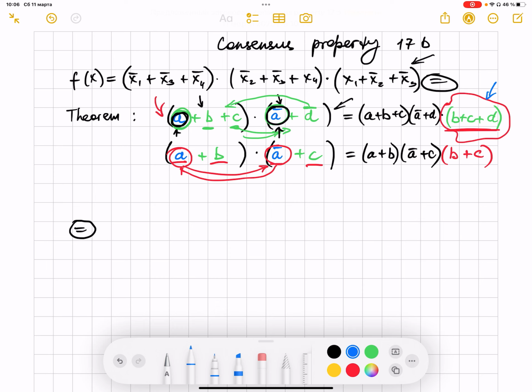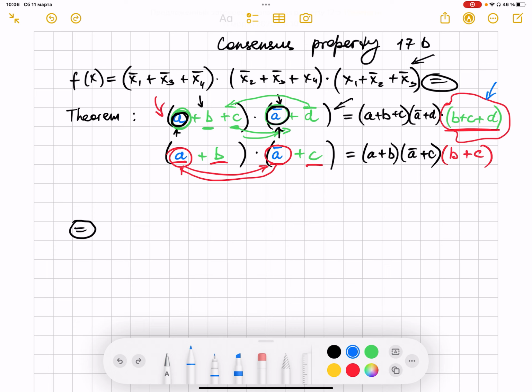So let's look at x2. Can we take x2 bar as a? In order to take this as a, we have to find x2 in another element, because x2 is a negation of x2 bar. There's x2 bar, but we need x2. There's no x2, so we can't take it.